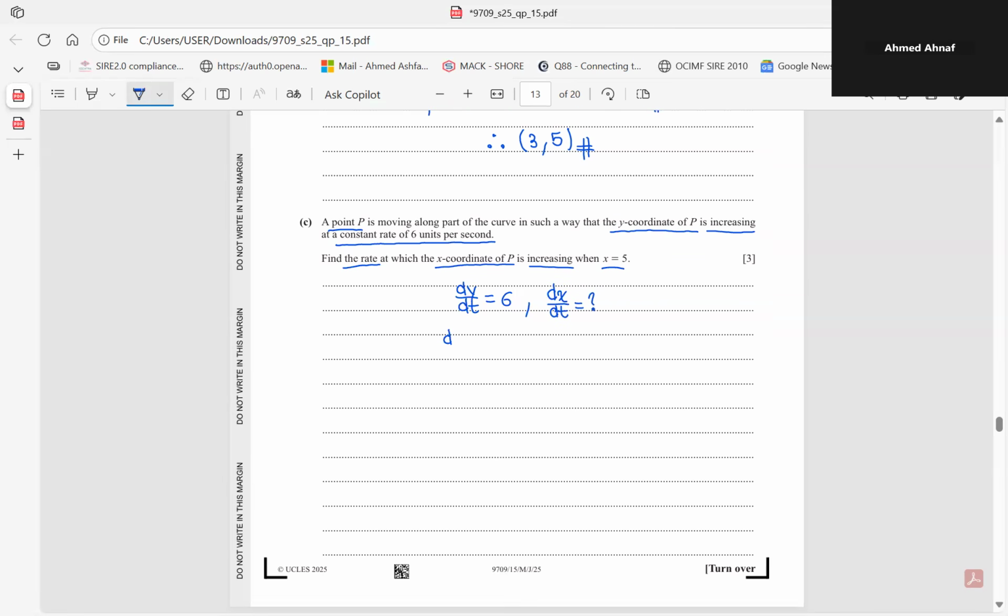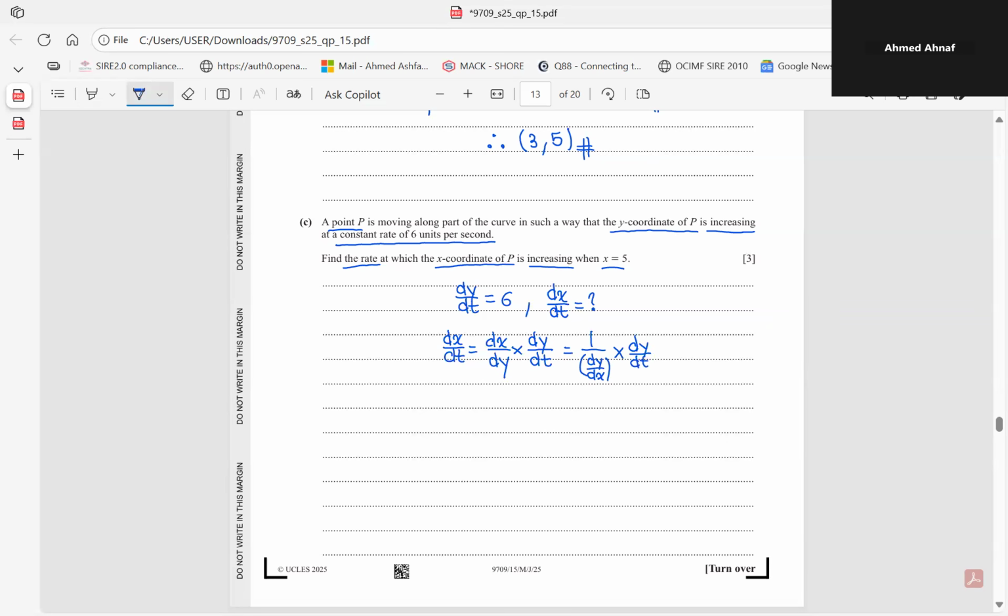So this is what we have to find. Now we're going to form an equation in terms of dx/dt. To do this, we're going to use our chain rule. So this has to be dx over something times something over dt, and this something has to be the same. So here we can only put dy, and hence we're going to put dy in here as well. And dx/dy is just the reciprocal of dy/dx. So 1 over dy/dx times dy/dt.